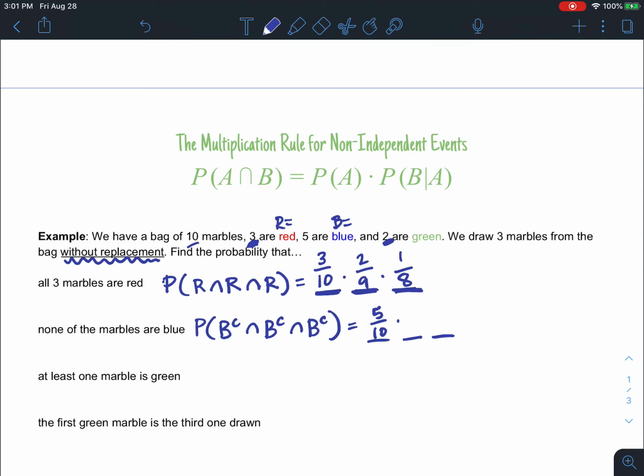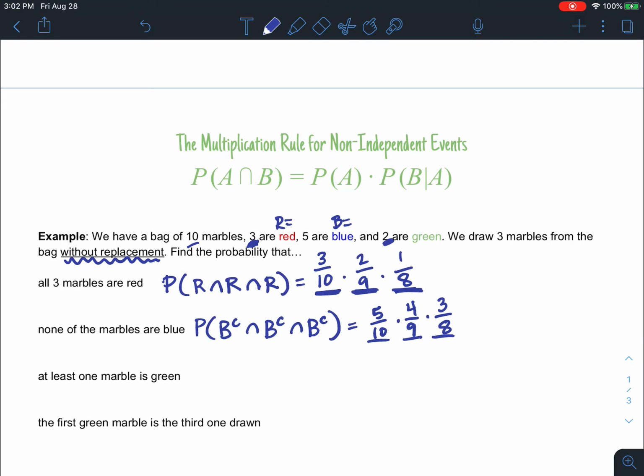I take that marble, set it aside, and now I have 9 marbles left. The first one was not blue. What's the probability that the next one's not blue? 4 out of 9, because I've already had one taken out that was not blue. Set that marble aside. I'm down to 8 marbles in the bag and 3 of them left that are not blue.